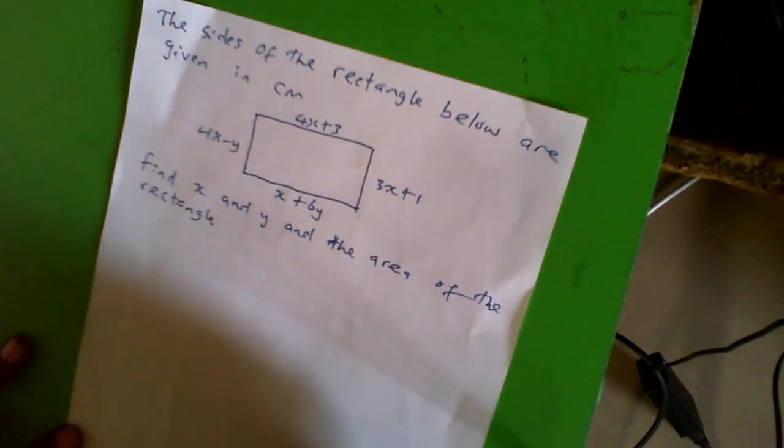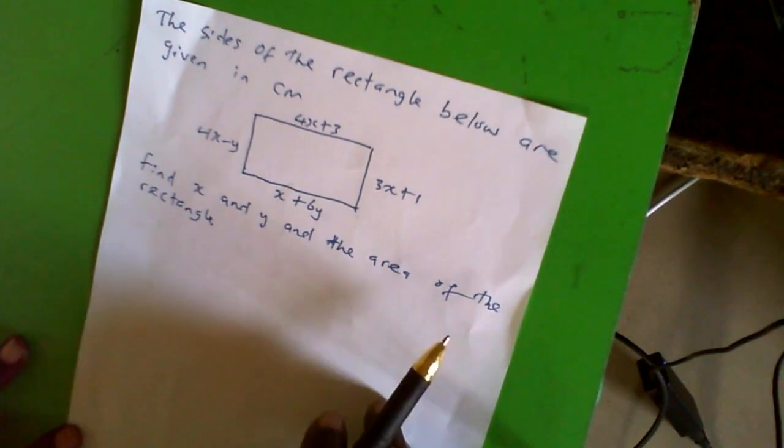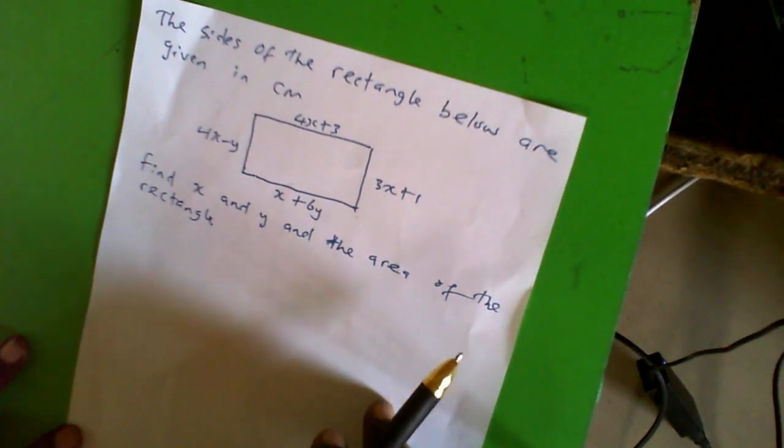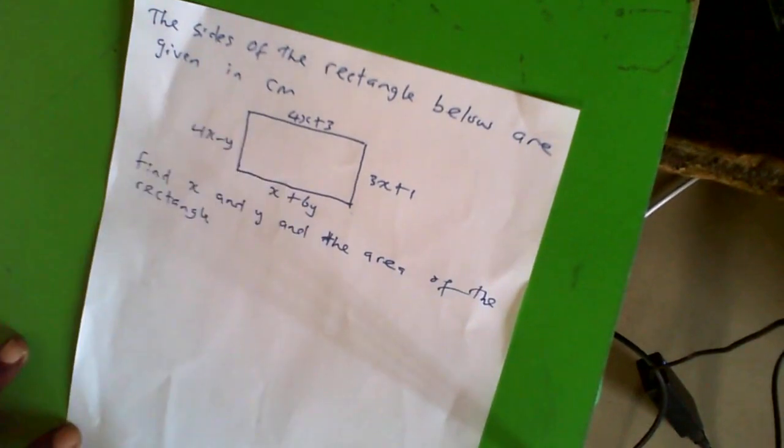Find x and y, and also find the area of the rectangle. To solve this problem, we're going to use simultaneous equations.